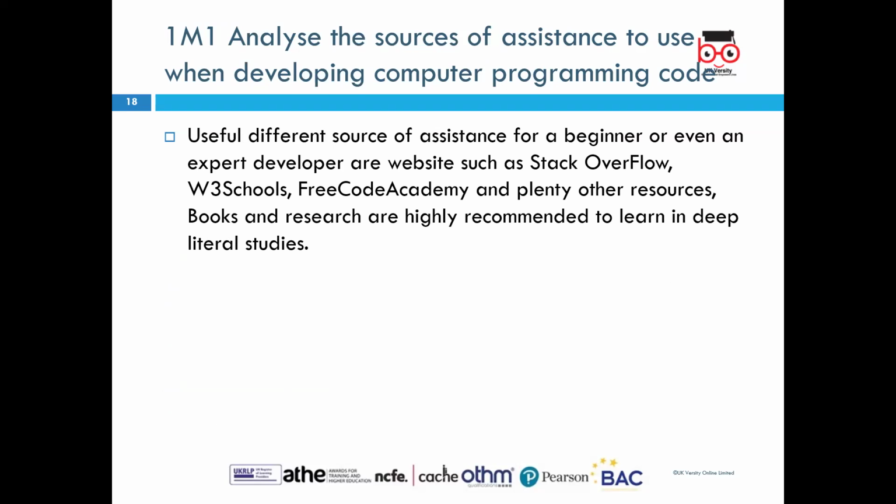But if you're trying to achieve a better grade, you can attempt the merit tasks, such as the one I'm going to present now. In this unit, our merit task is asking us to analyze the sources of assistance to use when developing computer programming code.